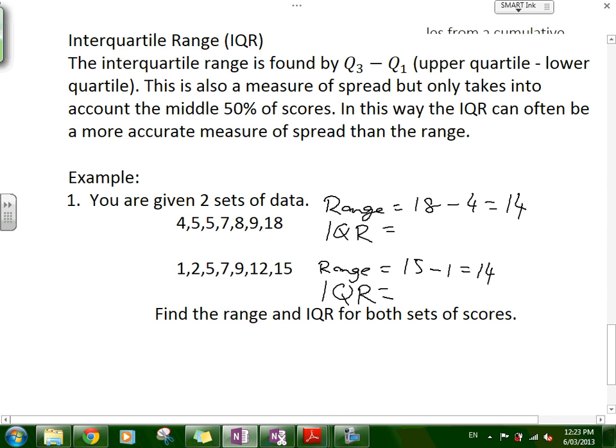Bella, what's the interquartile range of the first one? Oh, yeah. So how'd you get 4? Yeah, 9 minus 5. Okay. 9 minus 5 is equal to 4. What's the interquartile range of the second one? Callum? 10. So 10, 12 minus 2.